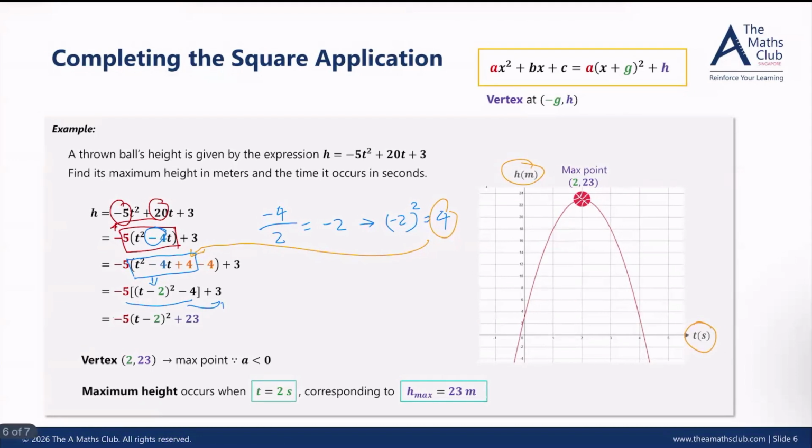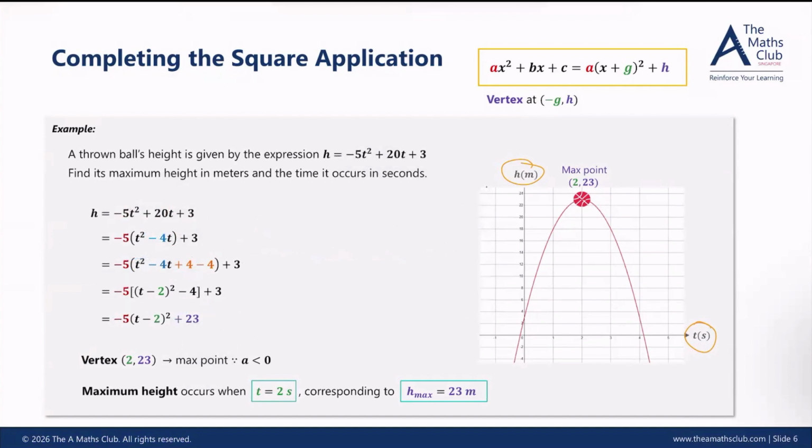That would give you plus 23 adjustment. As we mentioned previously, the vertex of a completed square form is given by minus g and h. And therefore, in this case, minus g would be 2 and h would be 23.